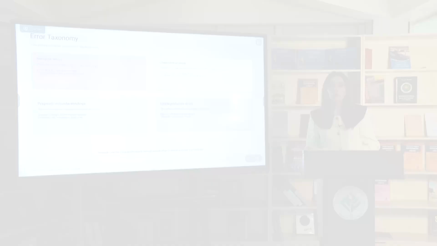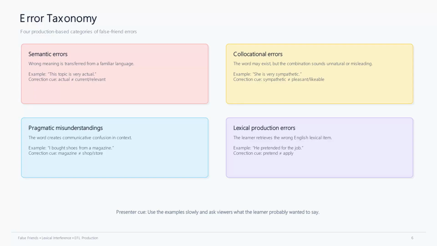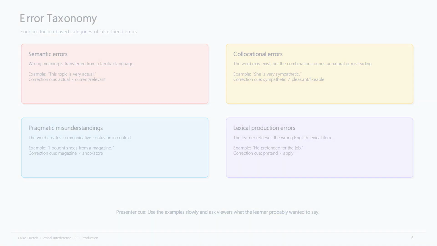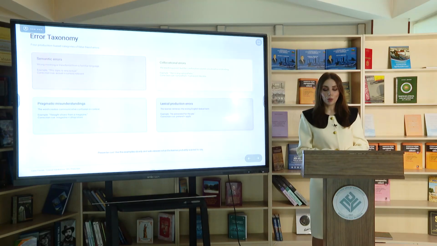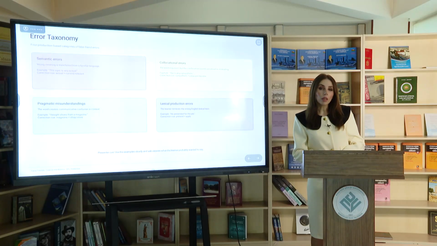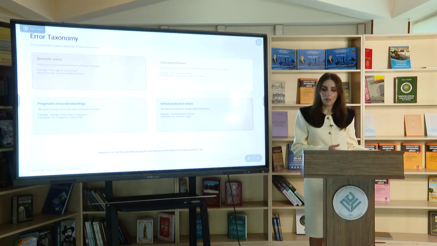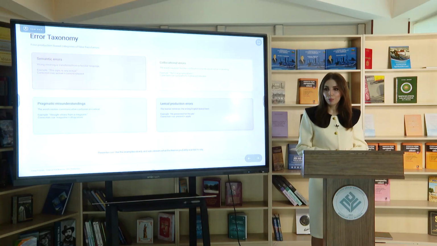They occur when students use a word in the wrong context. For example, the word actual. Learners may use actual to mean current or relevant, but it means real or factual in English.